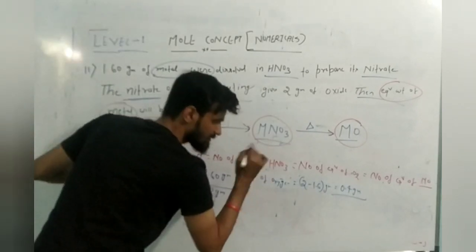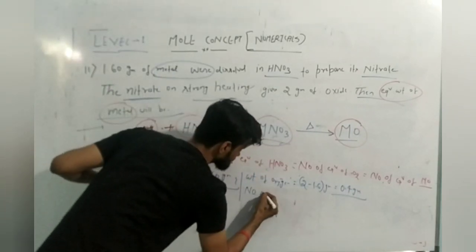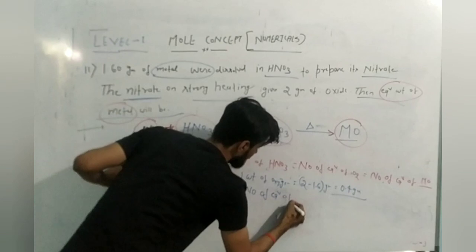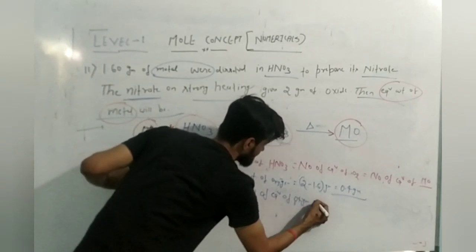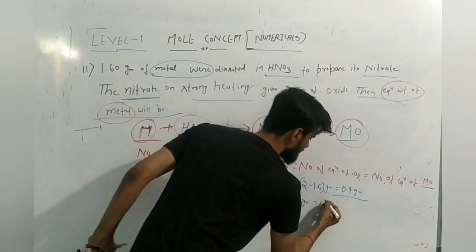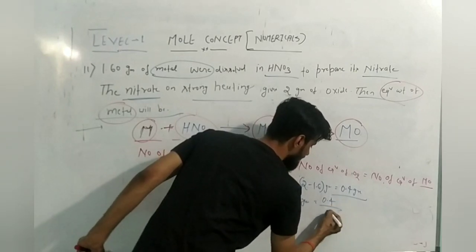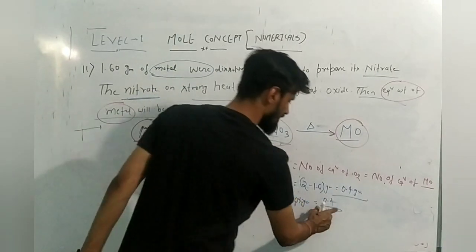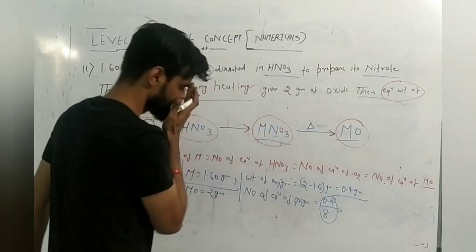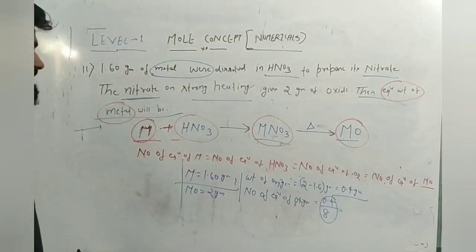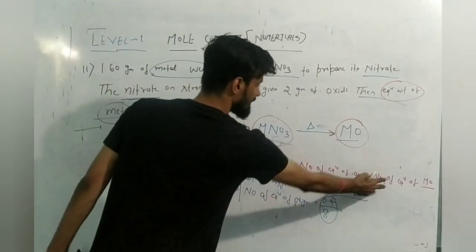Now if you calculate the number of equivalents of oxygen, that is equal to weight upon equivalent weight. So the weight of oxygen is this and the equivalent weight is this. You have got that much number of equivalents of oxygen. Now you have to equate it with this one.